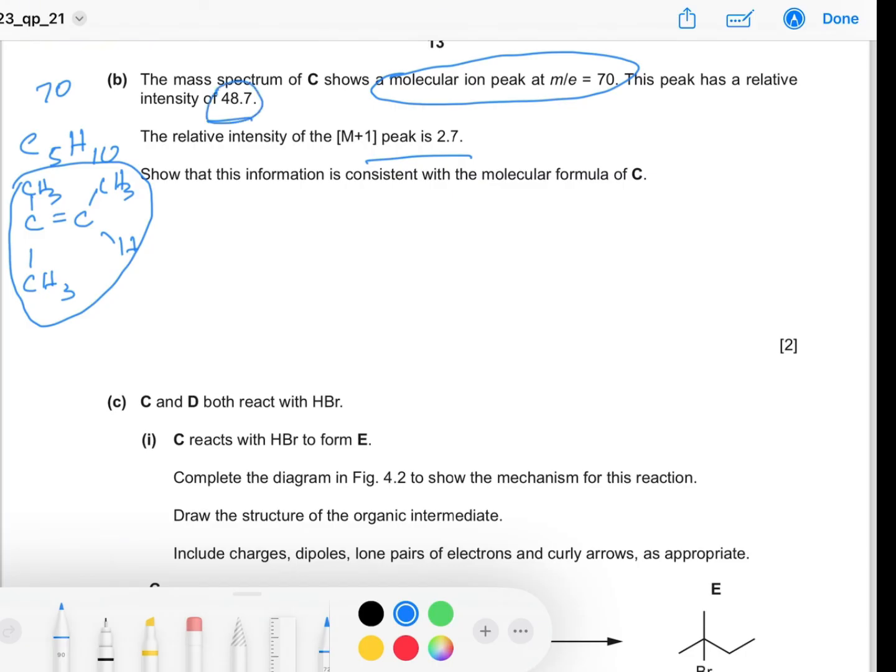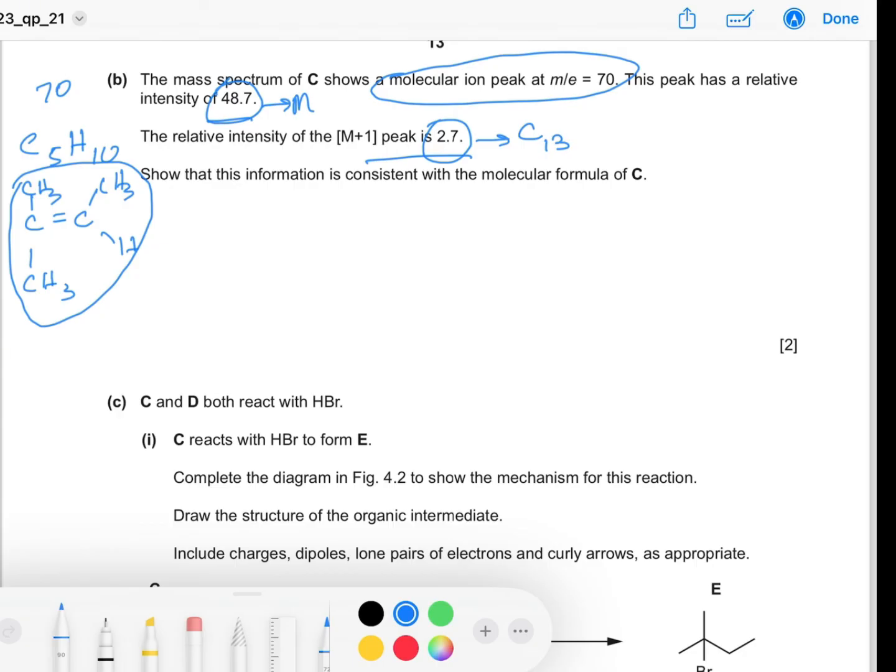And you can see the difference in their height or intensity. The M peak, which occurs due to carbon-12 isotope, has a peak of 48.7. The M+1 peak, due to carbon-13 isotope, has a height or intensity of 2.7.